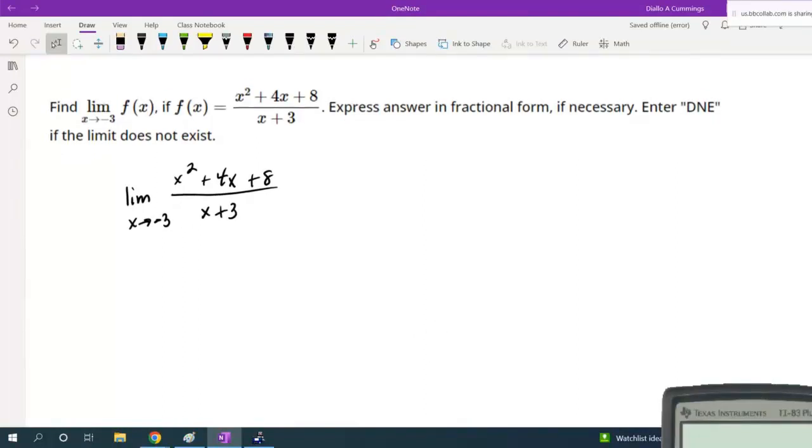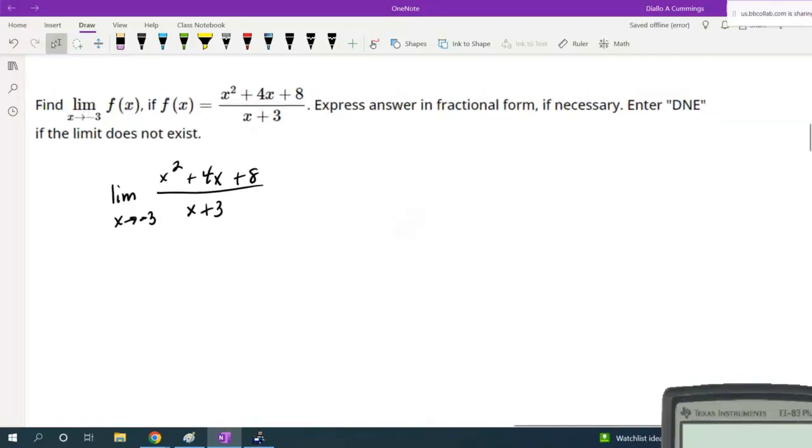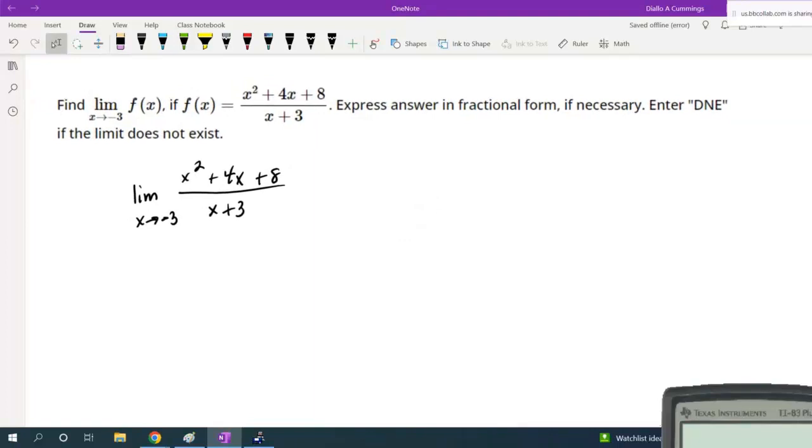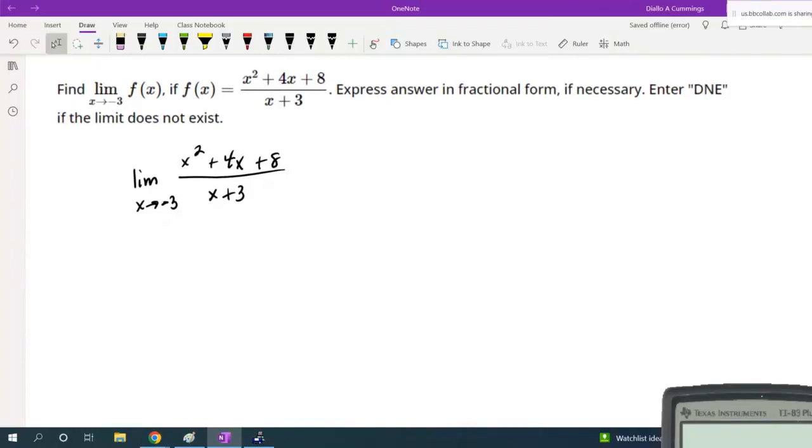Now in this case, I'm actually going to involve the limit laws so you can see how these things play out. I didn't actually use the limit laws, explicitly writing them out, for those first two problems. By using the limit laws, the limit of the quotient is the quotient of the limits. So I can distribute the limit between my numerator and my denominator.